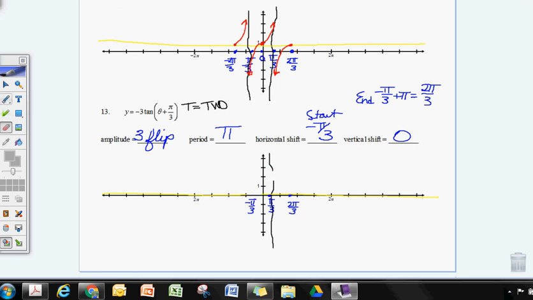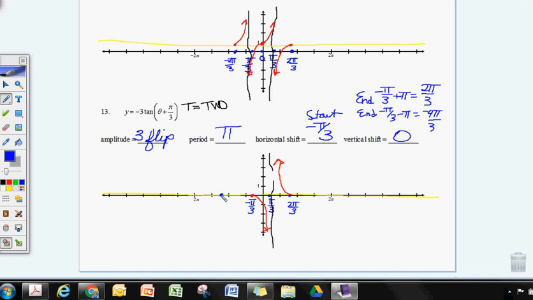And I have to start at my point and come down, and at my second point come up. Now, I also need the point in front of it. So the other end is going to be at negative pi over 3 subtract pi, which would be at negative 4 pi over 3.